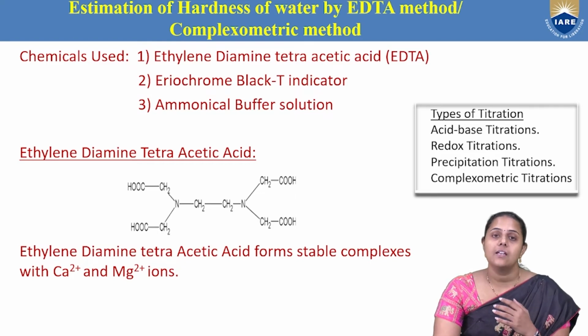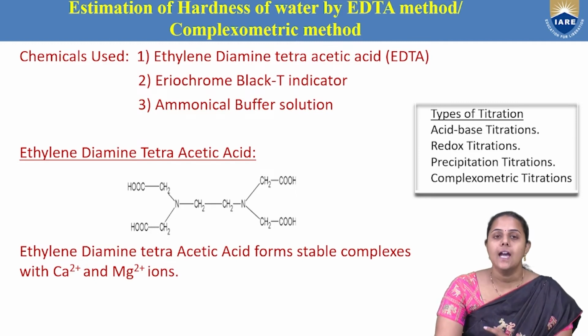The important chemicals used in this titration are EDTA, that is ethylene diamine tetraacetic acid, the EBT indicator, that is Eriochrome Black T indicator, and buffer solution. Added to this, the hard water sample and the standard hard water solution are also there.